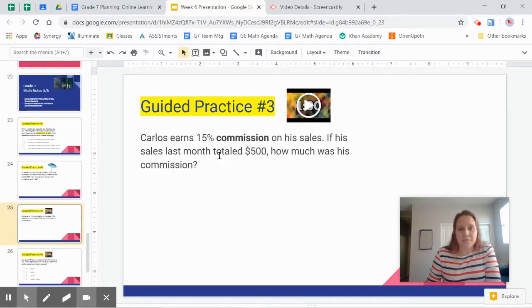If his sales last month totaled $500, how much was his commission? So remember, he gets 15% of his sales. His sales were $500. Solve this problem using either a ratio table or an expression. Go.